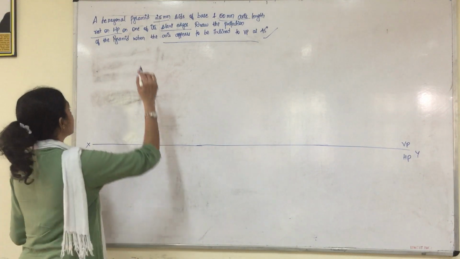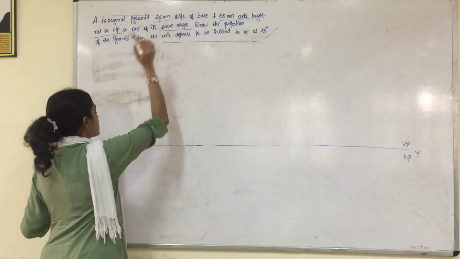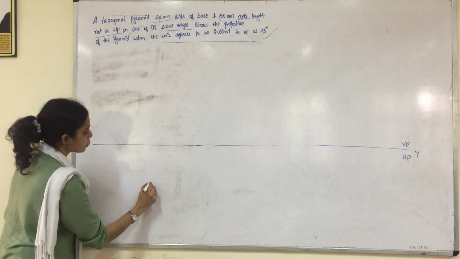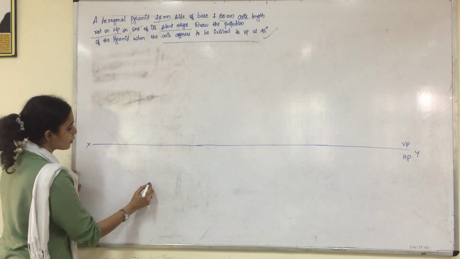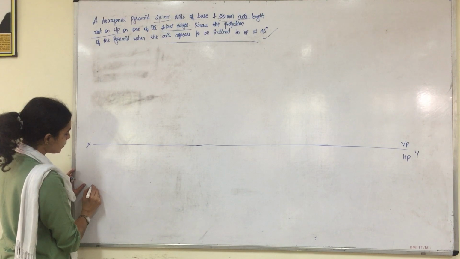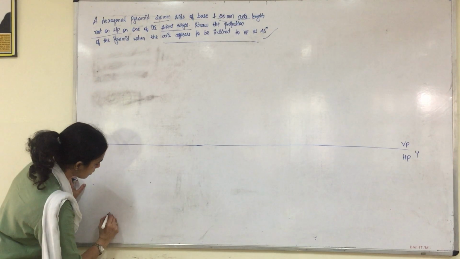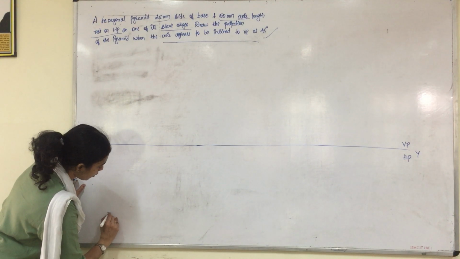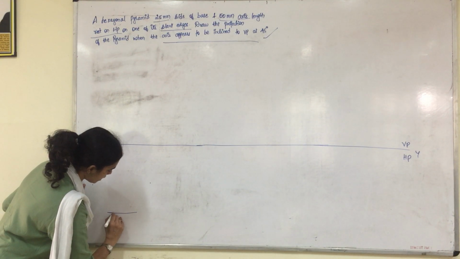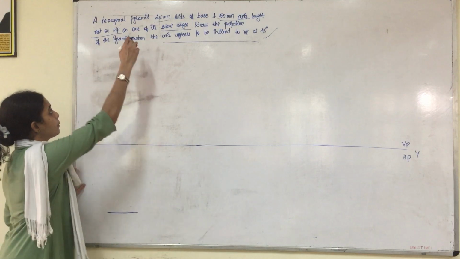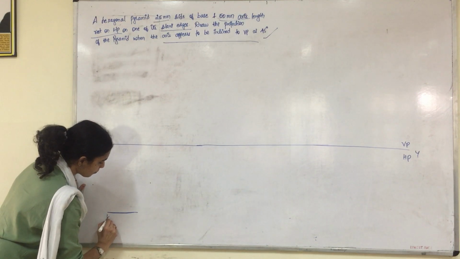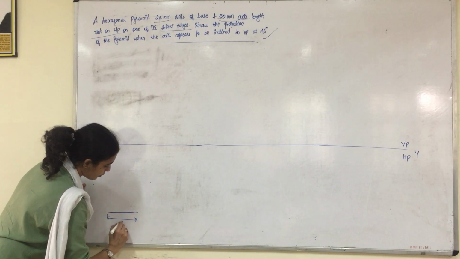So now since it is a problem on slant edge, we should always keep one of the corners towards your right. If you keep one of the corners towards your right in a hexagonal pyramid, you get the other corner towards your left. So the horizontal surface will be parallel to your XY plane. So we'll just draw a horizontal line and measure the distance equal to 25 mm.